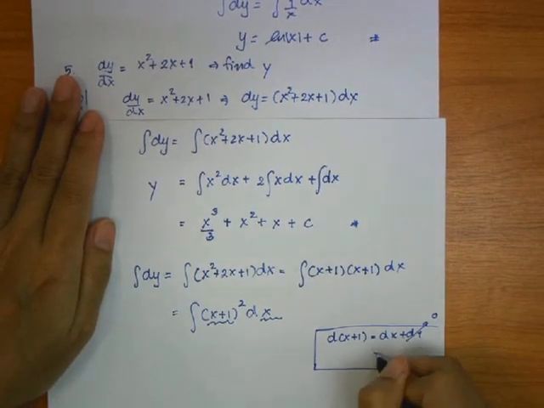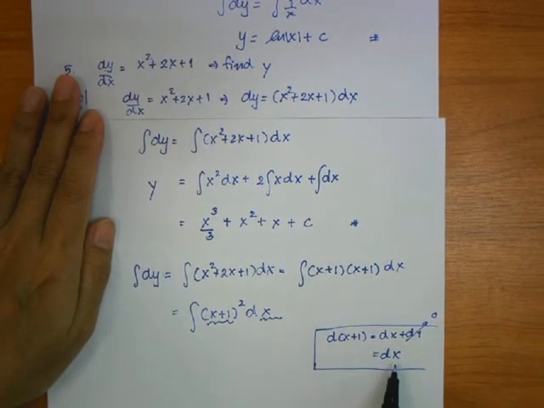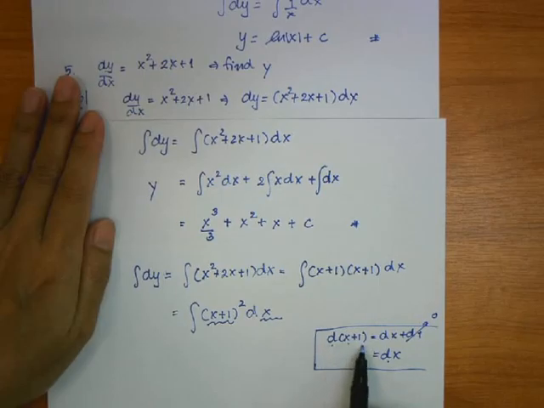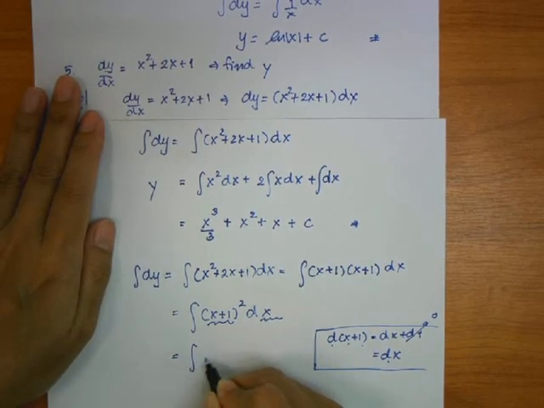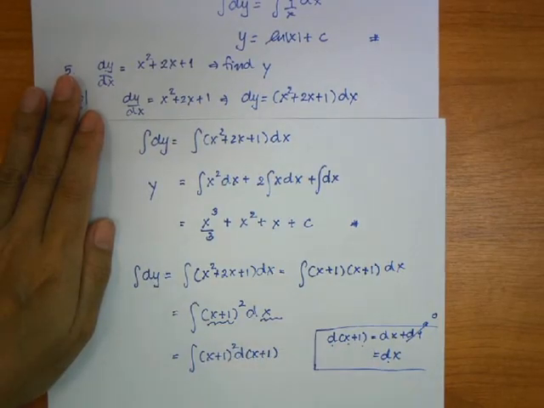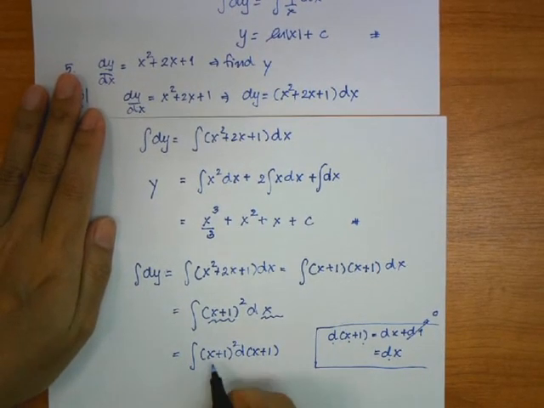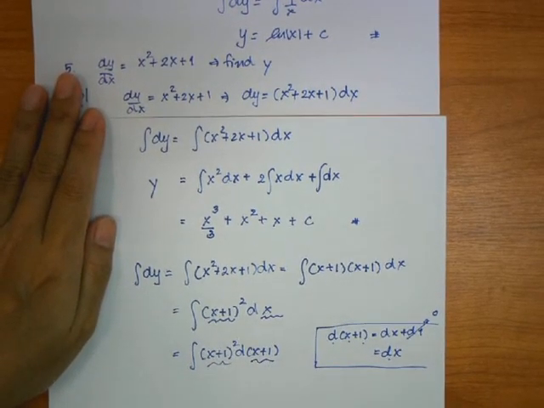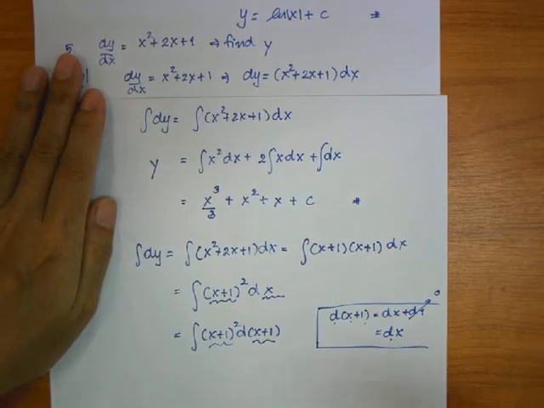So you would get only dx. So in that case, dx is equal to d(x plus 1). So then you can say that now these two just look the same. You can assume that u is equal to x plus 1.